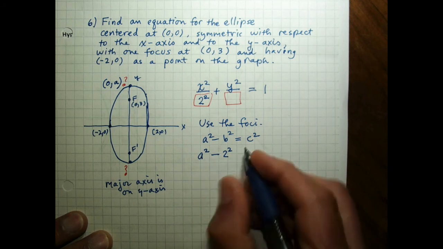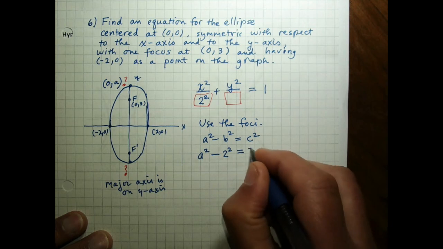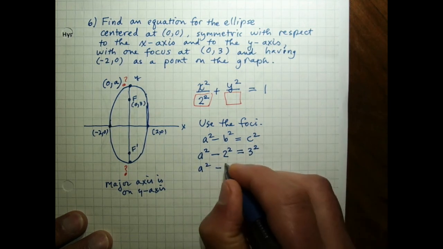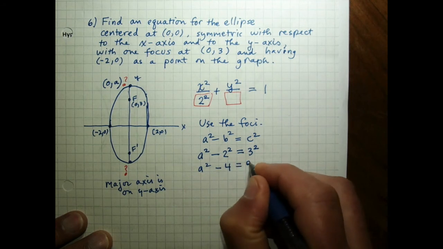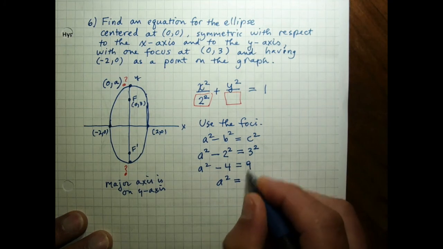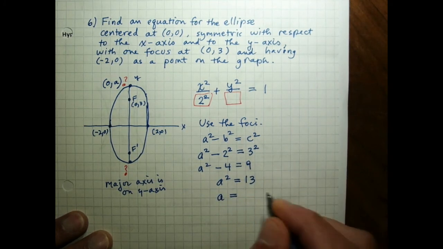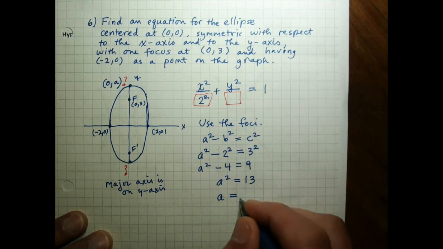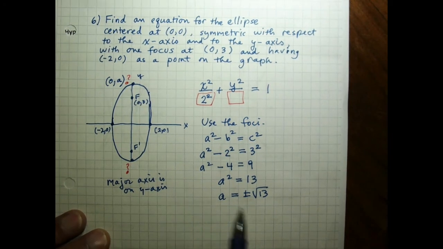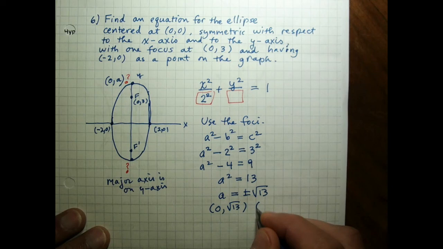So a squared minus b squared equals c squared. Focus is at 0, 3, so that's 3 squared. A squared minus 4 equals 9. A squared is equal to 9 plus 4, which is 13. So a is going to have to be plus or minus square root of 13 for my 2 y-intercepts, right?